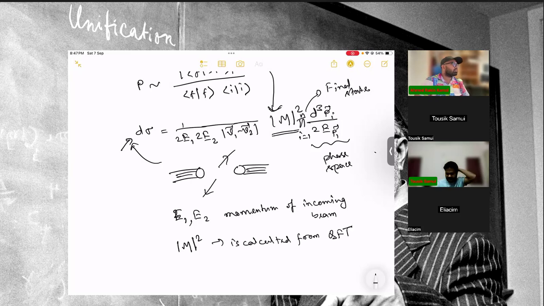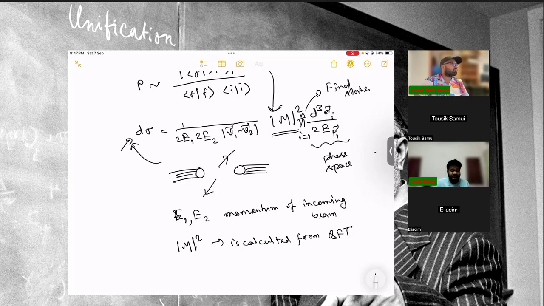And the thing that we want to note is that there are many scattering processes and experiments, and all of them give results that corroborate the quantum field theory calculation, whether it is a QED process from the QED Lagrangian or a QCD process.